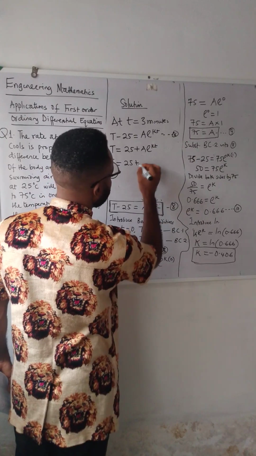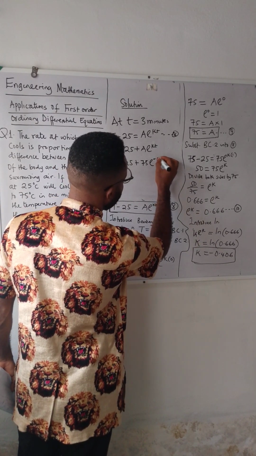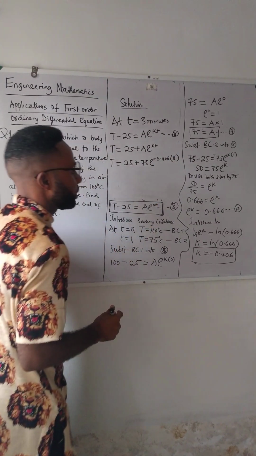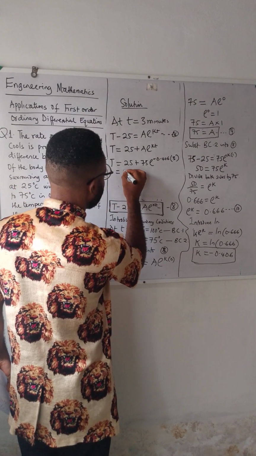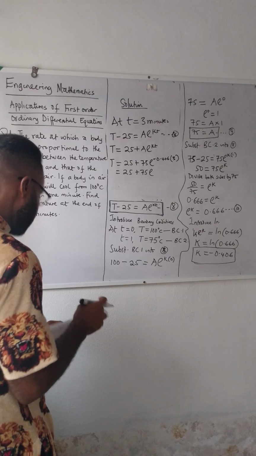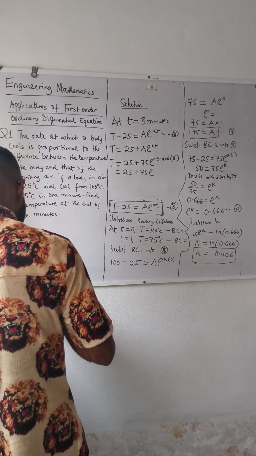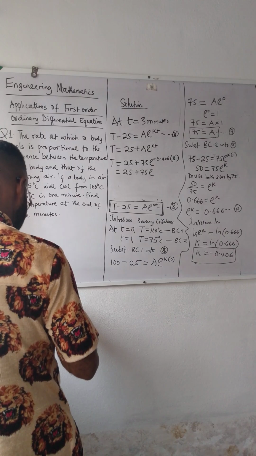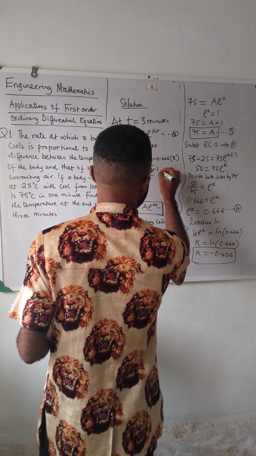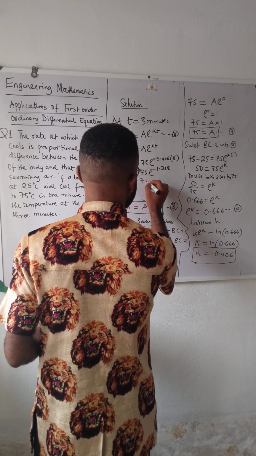We know that A is 75, so T equals 25 plus 75 exponent minus 0.406 times our time, which is 3 minutes. So 0.406 multiplied by 3 gives us minus 1.218. So this will be equal to 25 plus 75 exponent minus 1.218.